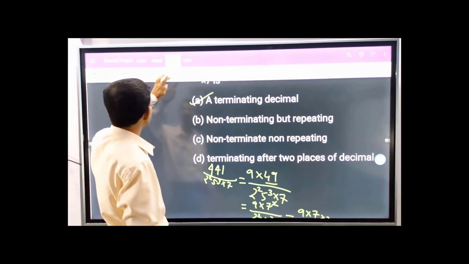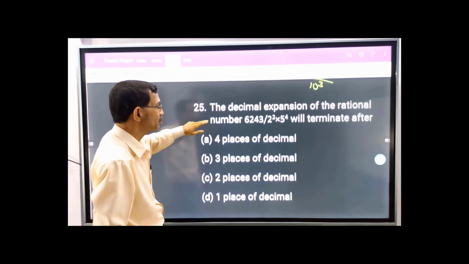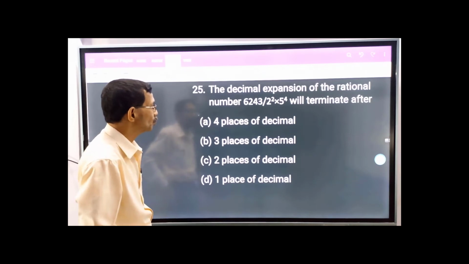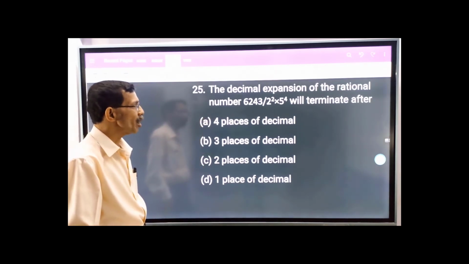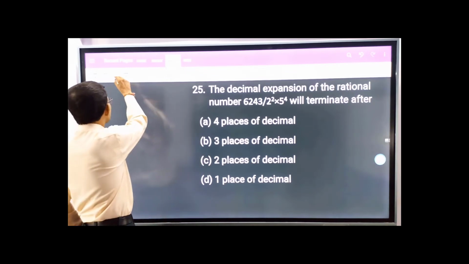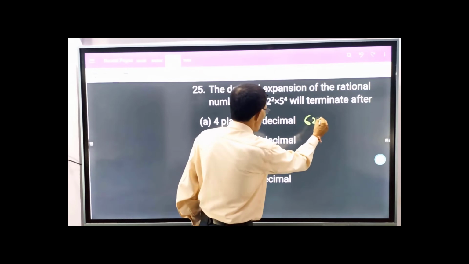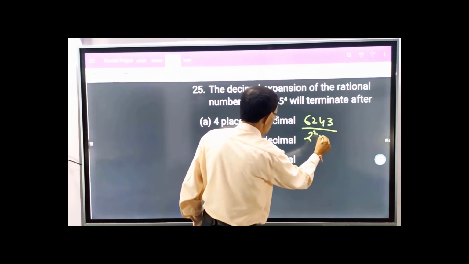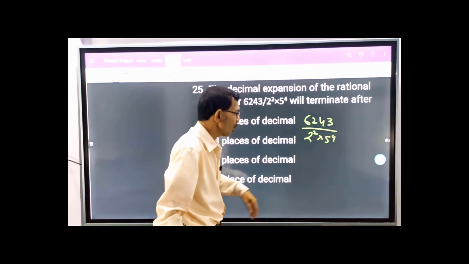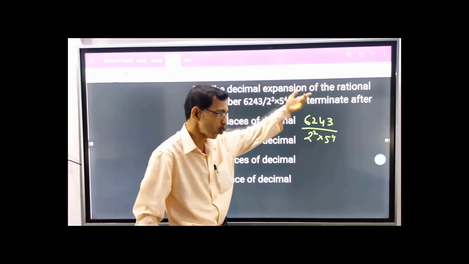So let us move to the next part. In this question, again you are asked after how many points it will get terminated. So let me begin with writing this number. 6243 divided by 2 raised to 2 into 5 raised to 4. So I have to raise the power of 2 from 2 to 4.